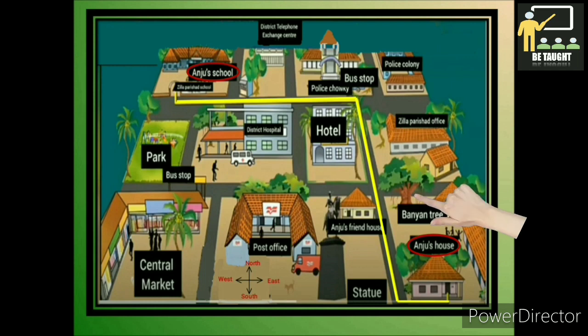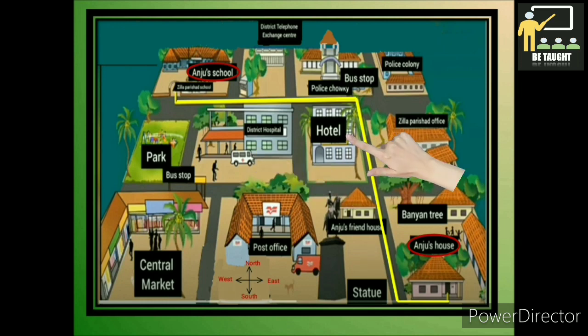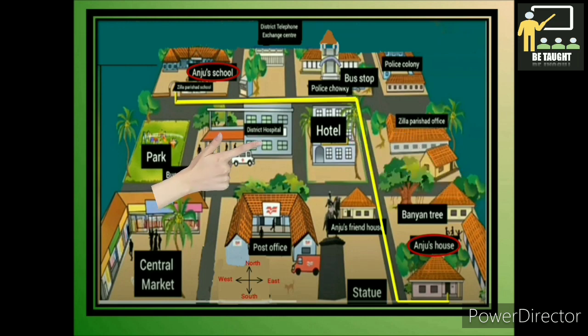We can see the banyan tree, Shivaji's statue, Anju's friend's house, the hotel, district hospital, post office, central market, park, etc. So, the route Anju passes along is a narrow lane and a main road on her way to school.